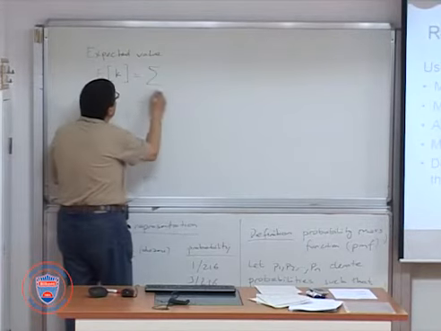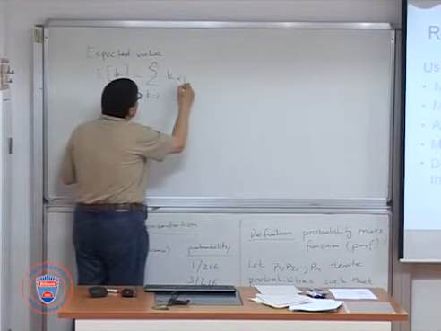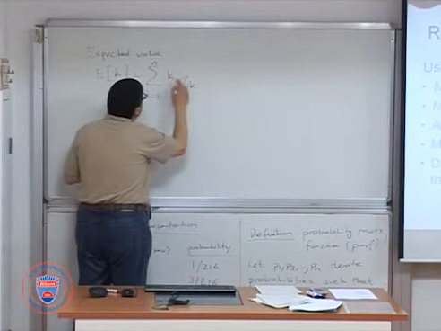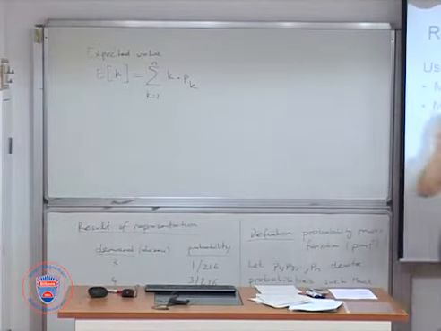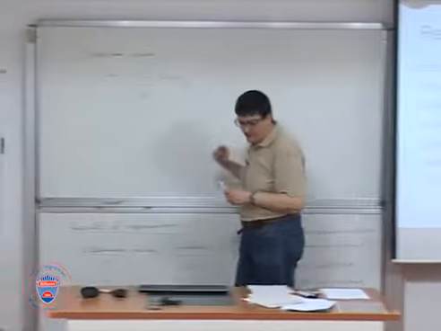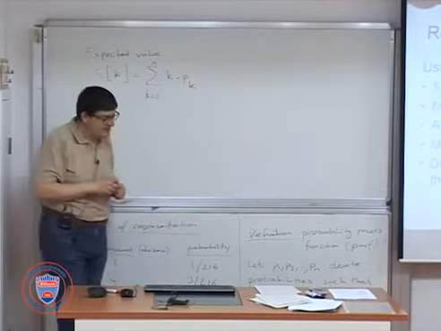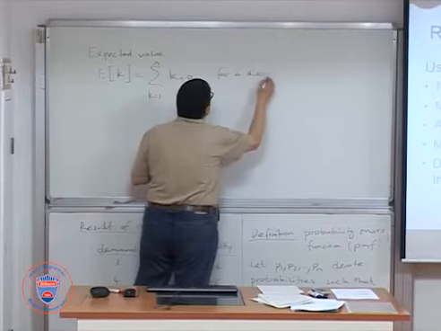Expected value of K is defined as the sum for K from 1 to n of K times P sub K. If you remember, we already did this type of computation. What we did was we multiplied the chances with the value. Okay? And so this is basically how expected value is defined for a discrete system.